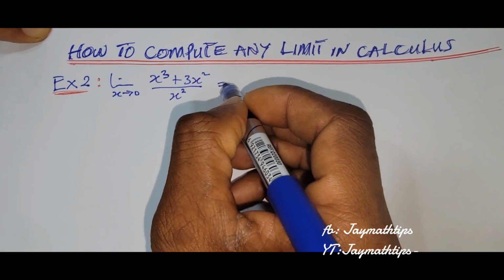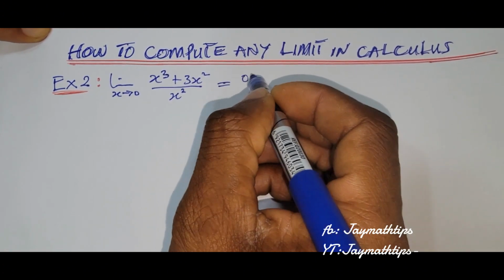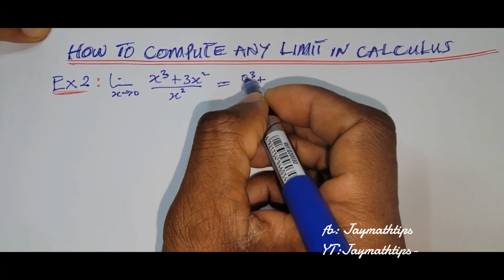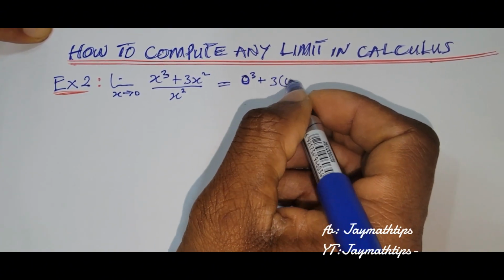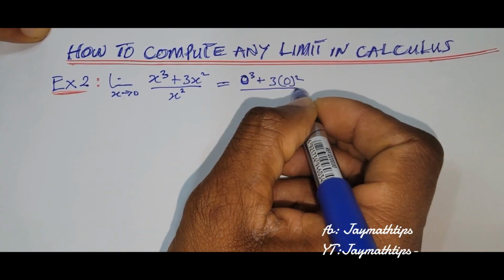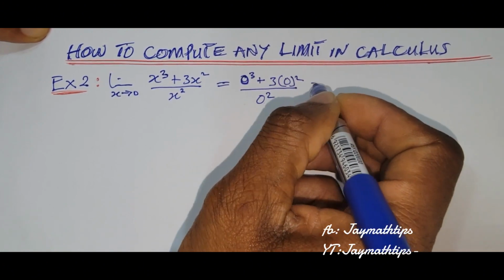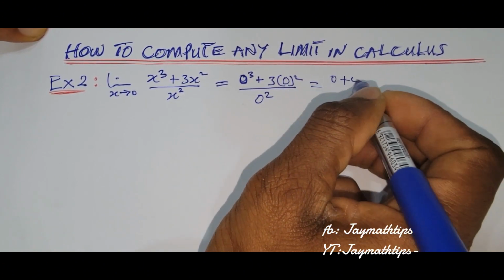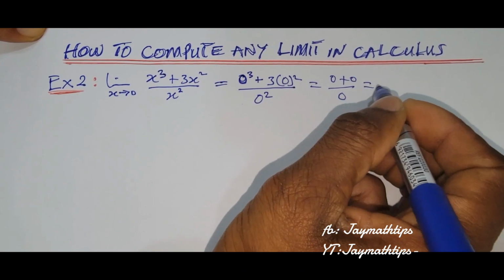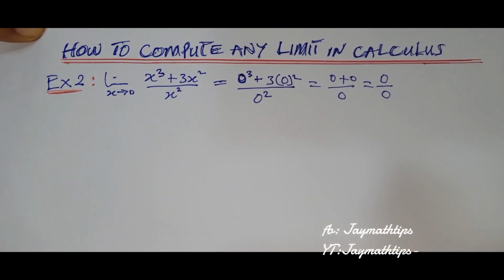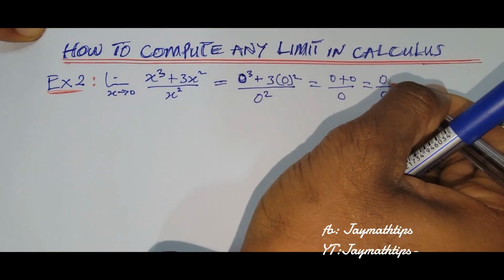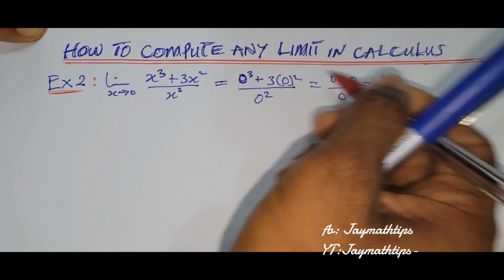By the time you do that, you have 0 cubed plus 3 into 0 squared all over 0 squared. And this will give us 0 plus 0 all over 0. And you arrive at 0 all over 0.